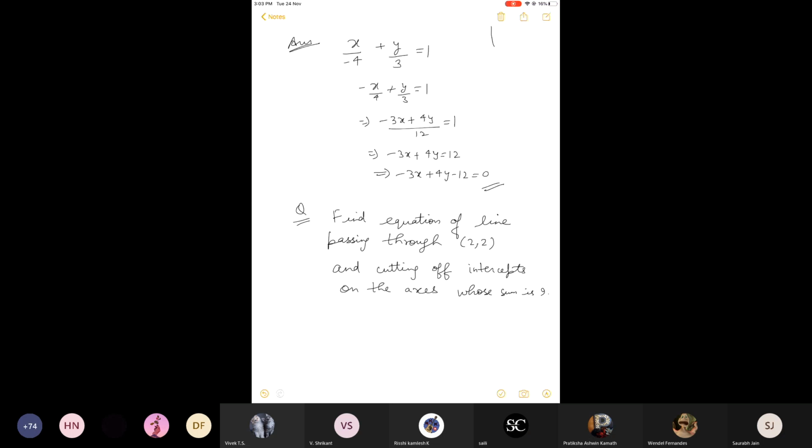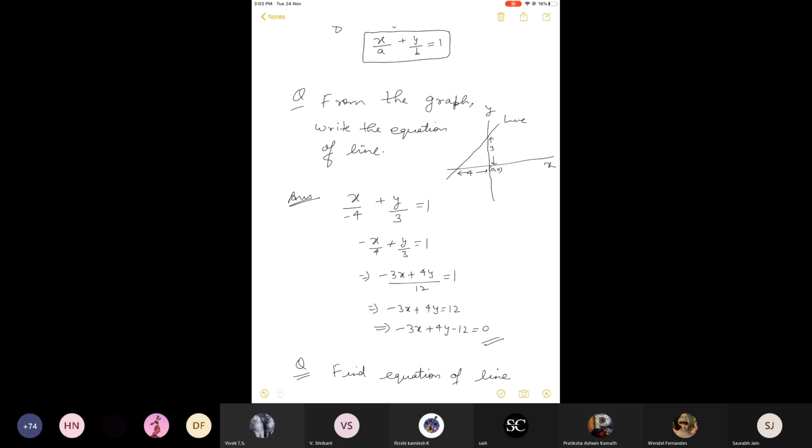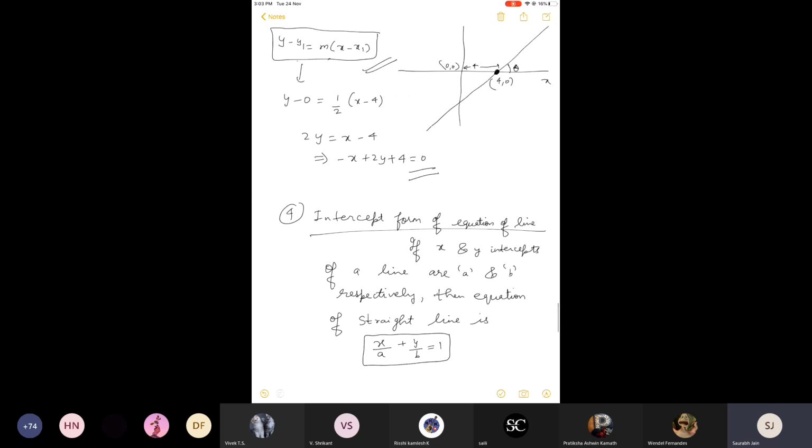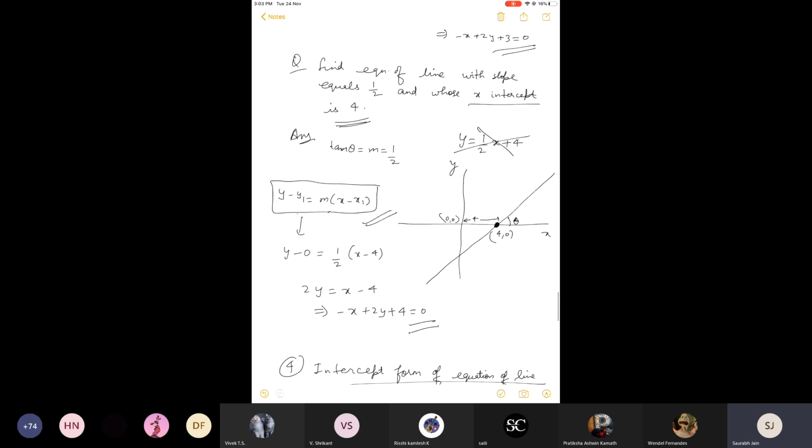Excuse me, sir. Yes. So over here, y-intercept is B and not C. You're talking about which question? So previous question. This one. Whose x-intercept is for this one? Yes, sir. -4. No, why x-intercept will be -4 here? It will be +4, no? For this question.